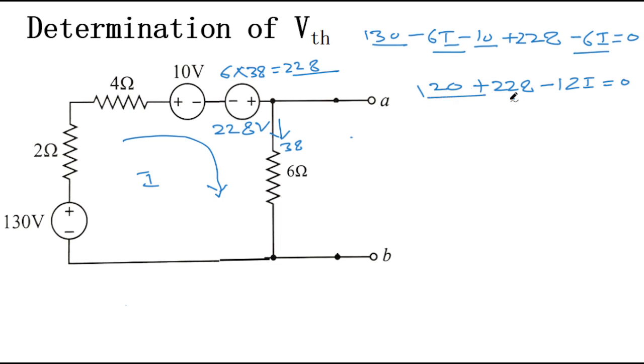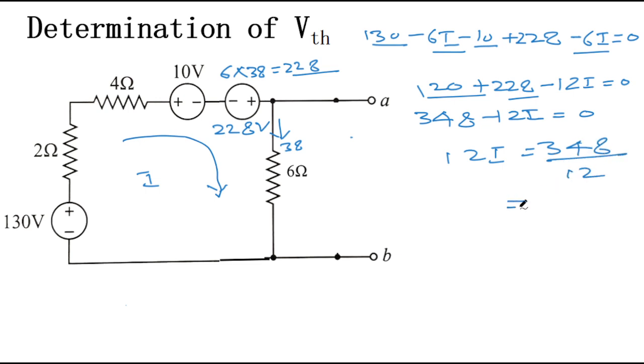If you add these two, the addition will give you 348. So 348 minus 12I is equal to 0. So 12I will be equal to 348, and 348 divided by 12 will give you the current, 29 amperes. I will be equal to 29 amperes.